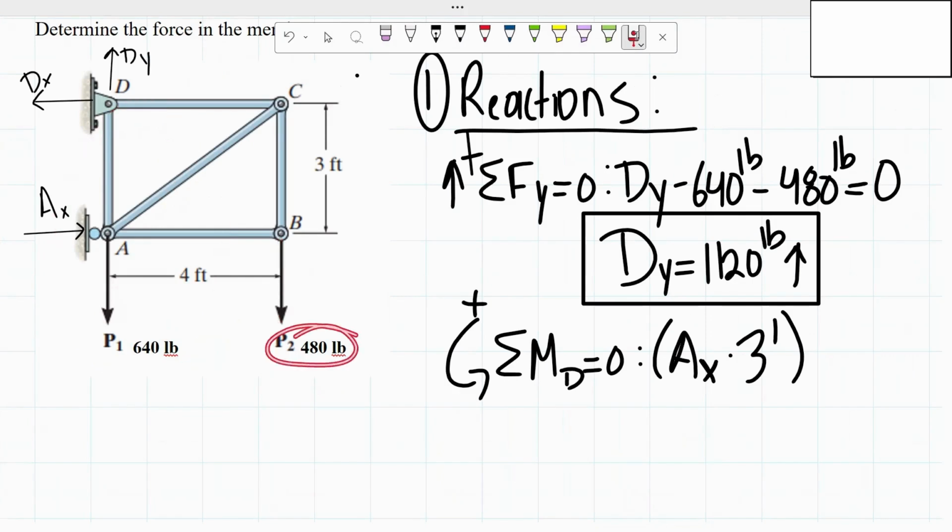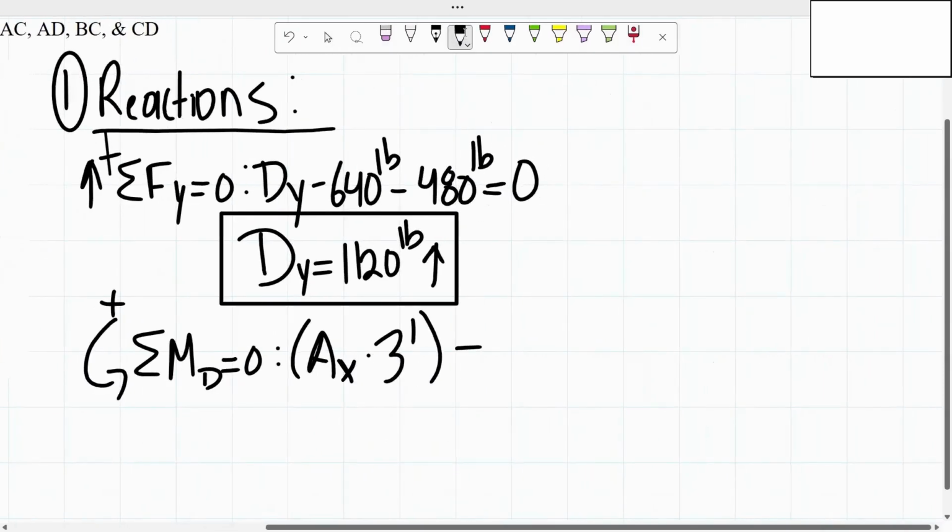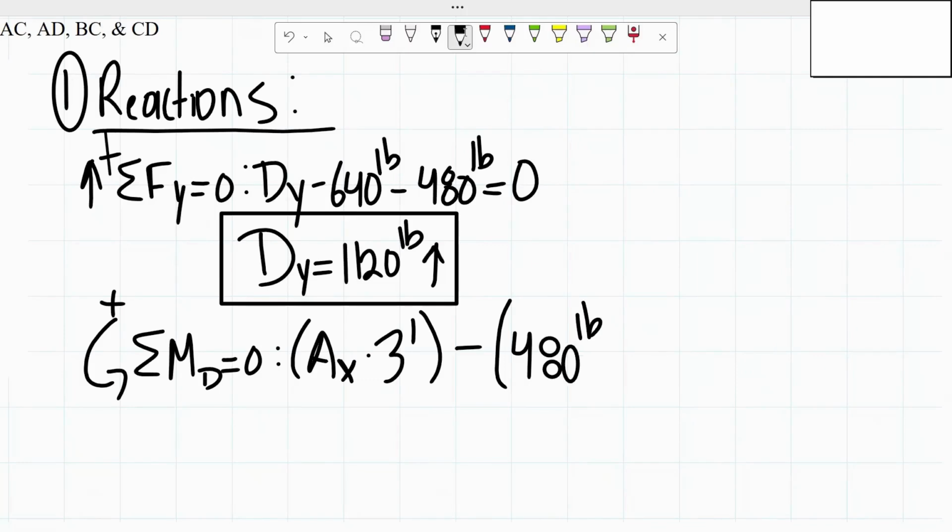Our force is 480 pounds and our distance is 4 feet. So negative moment, force 480 pounds times the distance of 4 feet. We know that all of that has to equal 0.